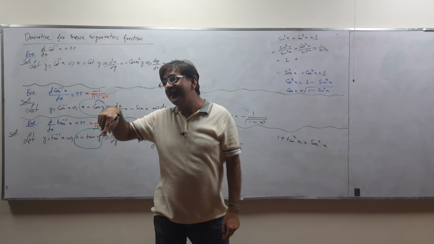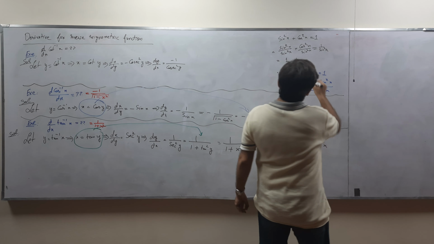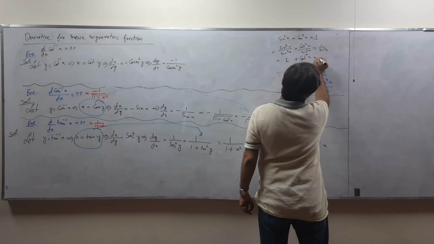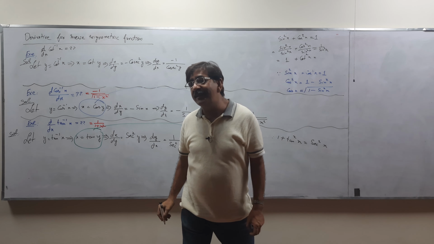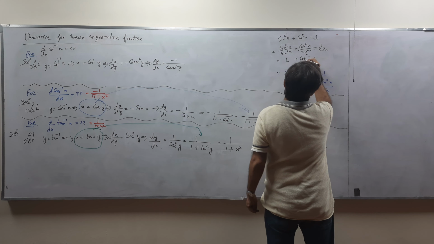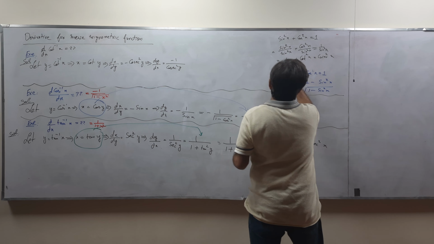Sine divided by cos is tan theta, and cos divided by sine is cot theta. So we get 1 plus cot square x equals cosecant square x.